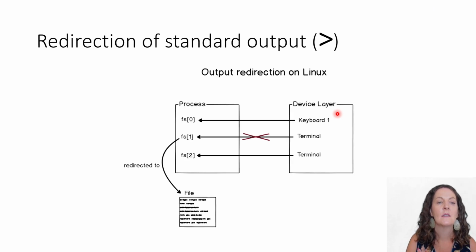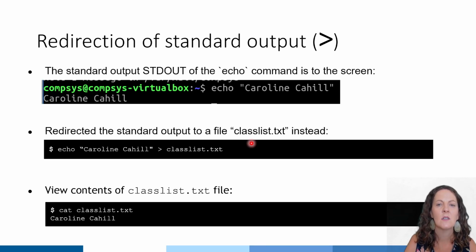For the standard output then, very similar. It's assuming the standard output is going to be to my screen. But I've decided, you know what? I don't want it output to the terminal. I'm going to do something else with it, right? So our output redirector is probably one of the most recognized characters, used an awful lot. So if you have an echo, there's echo with my name.